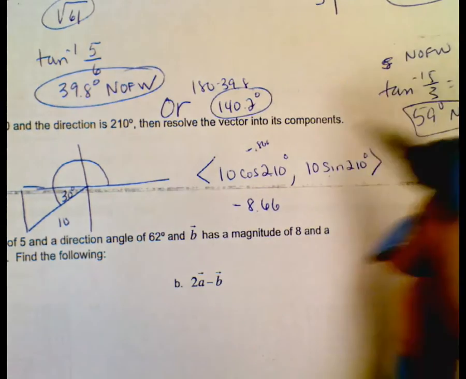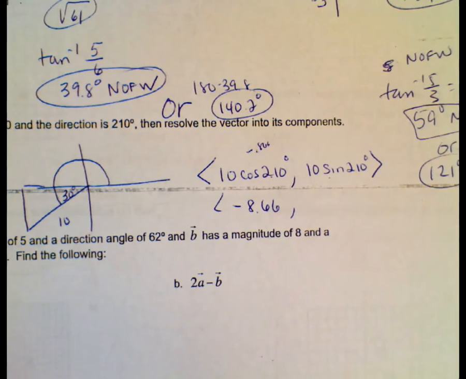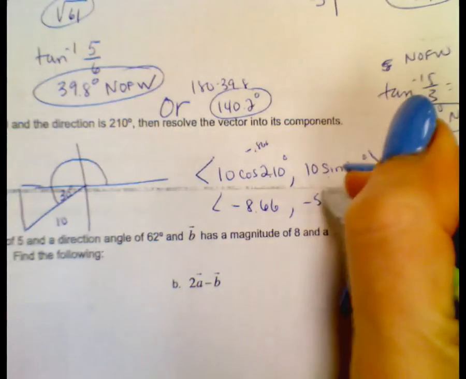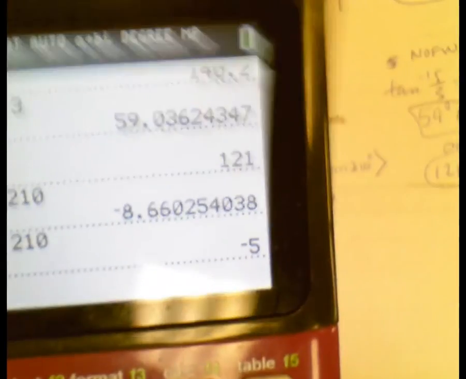If I wanted an exact number, okay, I'll do that in a second. Wait a minute. This answer right here, the sine of 210 is actually negative 1/2. This should be negative 5 without me even punching this in the calculator. But let's see. 10 sine of 210. Negative 5.